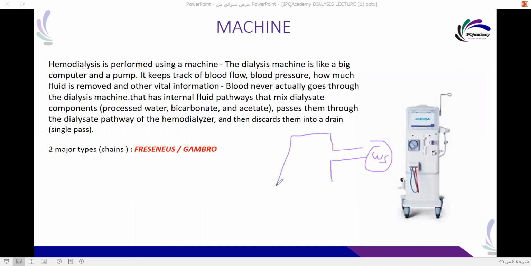It enters through the dialysis machine. The dialysis machine here has two sides for two containers. One container, sorry for the bad drawing, I am a bad drawer, carries bicarb and the other container carries acetate.